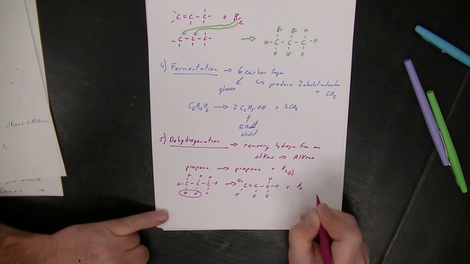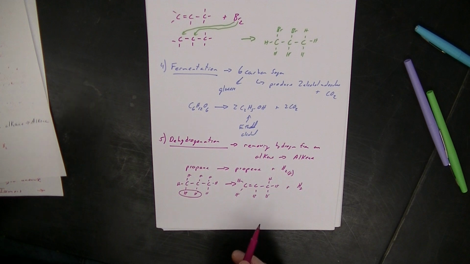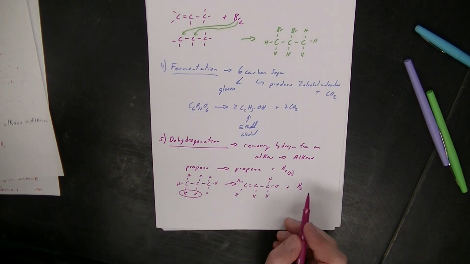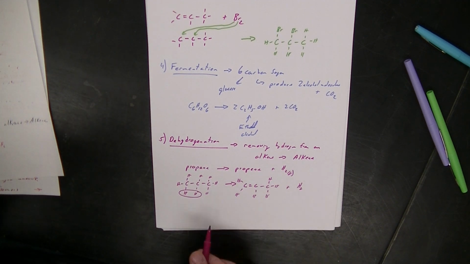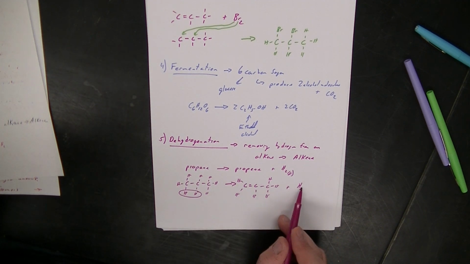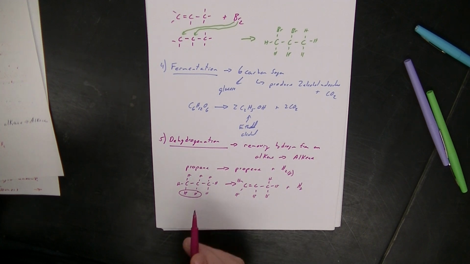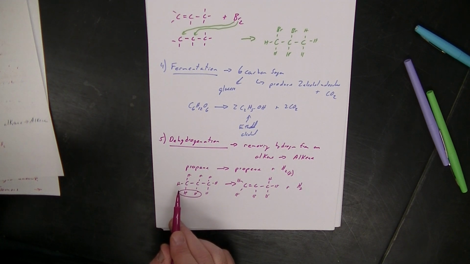And it produces hydrogen gas. Now, actually, this is a pretty big reaction. We use a lot of hydrogen, and there's not a lot of hydrogen in our atmosphere. So we actually have to make it. So we make this hydrogen gas, actually a lot of the times using our alkanes.